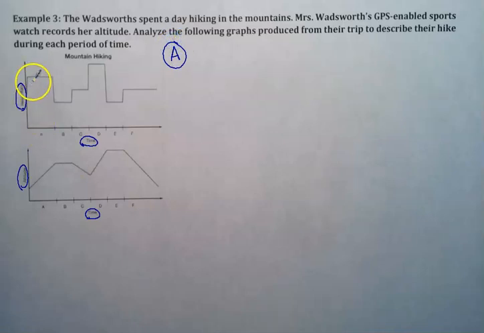Her heart rate is really high, but constant. I'm going to label that constant. And then if we look here, her altitude is rising. So what can we say about this time period of A?